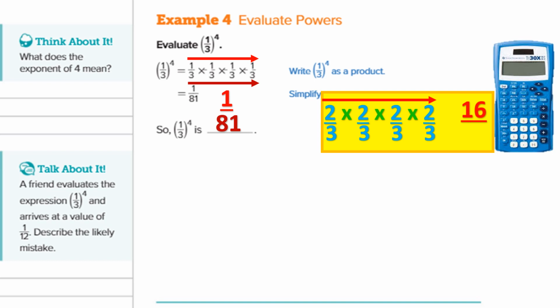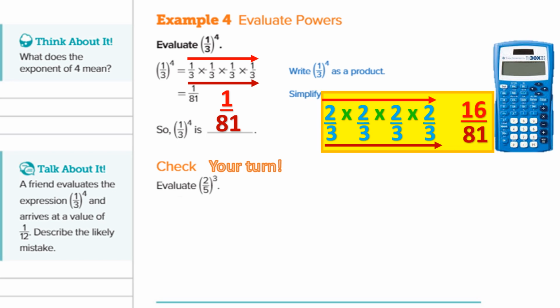And then my denominator of 3 times 3 times 3 times 3 is still 81. I could check and see if I could cross reduce or anything like that, and I can't. There's nothing I can reduce. So my final answer would just be 16 over 81. Does that make sense? I hope so, because I want you to do this one on your own. Come back and check your answer.